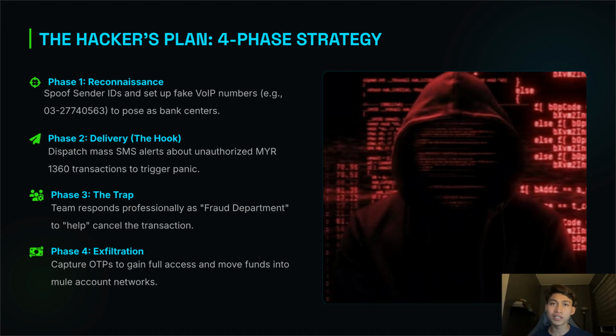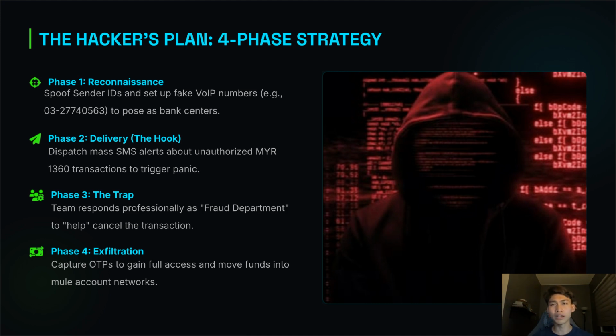Next is phase 4, exfiltration, under the guise of identity verification. I ask the victim for their online banking credentials. As they give them to me over the phone, I input them into the real banking platform online in real time.